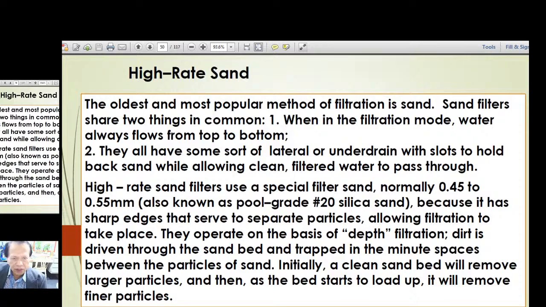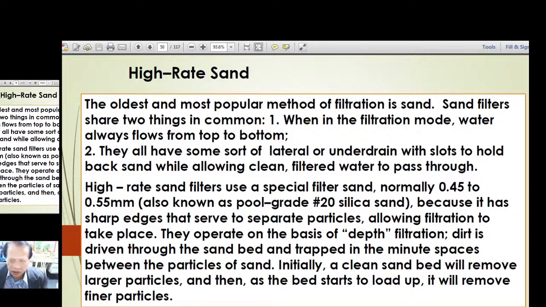High-rate sand filters use a special filter sand, normally 0.45 to 0.55 mm, also known as pool grade number 20 silica sand, because it has sharp edges that serve to separate particles, allowing filtration to take place. They operate on the basis of depth filtration.